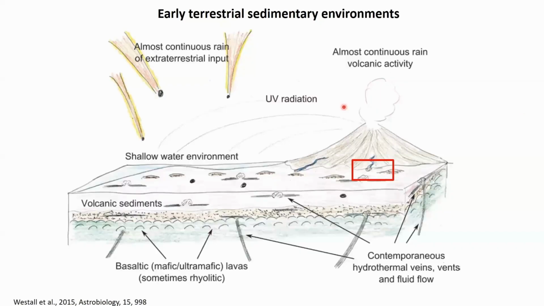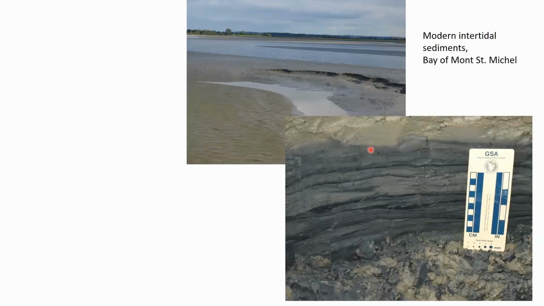So, I want to zoom into the coastal areas of these volcanic regions. I'm showing you these photographs of the mud flats in the Bay of Mont Saint-Michel because they're quite illustrative of the environments that I will be showing you from the early Earth and in which we find traces of life.